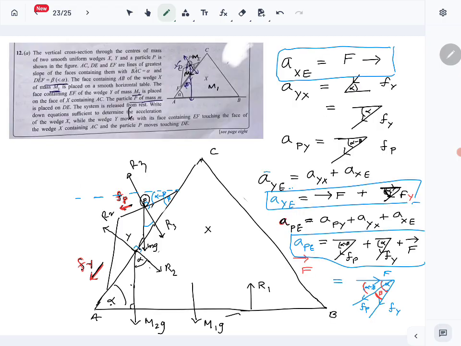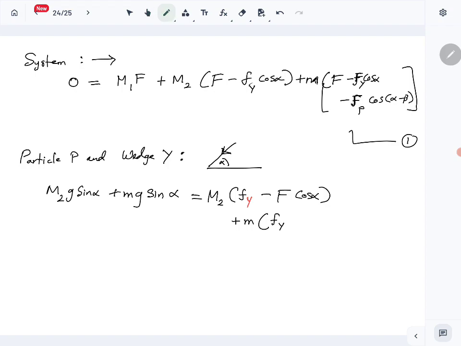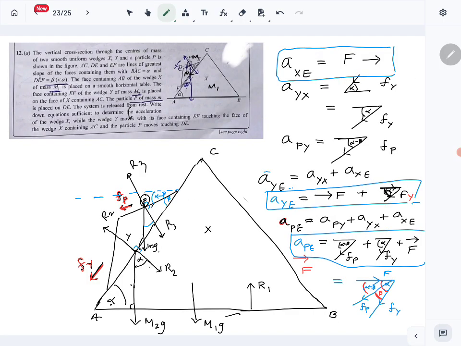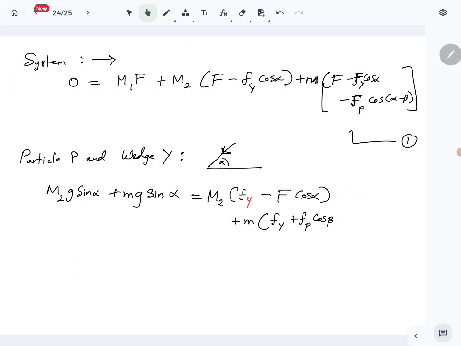So Fy is positive in that direction. Then Fp component in Fy direction is what? Fp, move it to this side. So Fp cos beta. That is also in the correct direction, so positive. Then how about F? This capital F acceleration is in negative direction, then F cos alpha, negative, minus F cos alpha. So this is equation 2.